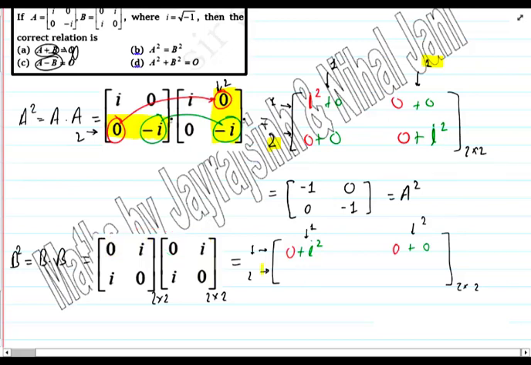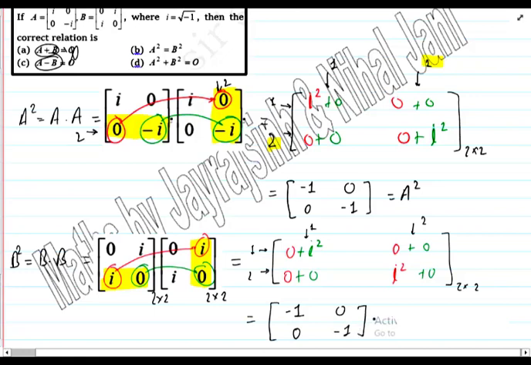Now the next element is in the second row first column, so we will select the second row and first column, multiply corresponding terms and get 0. And the last element, in the second row second column, we will obtain by multiplying i into i square, and then 0 into 0 gives us 0. So yes, we get B square as minus 1, 0, 0 and minus 1, right? So you can see A square and B square both are the same matrix. So option B is your final answer.